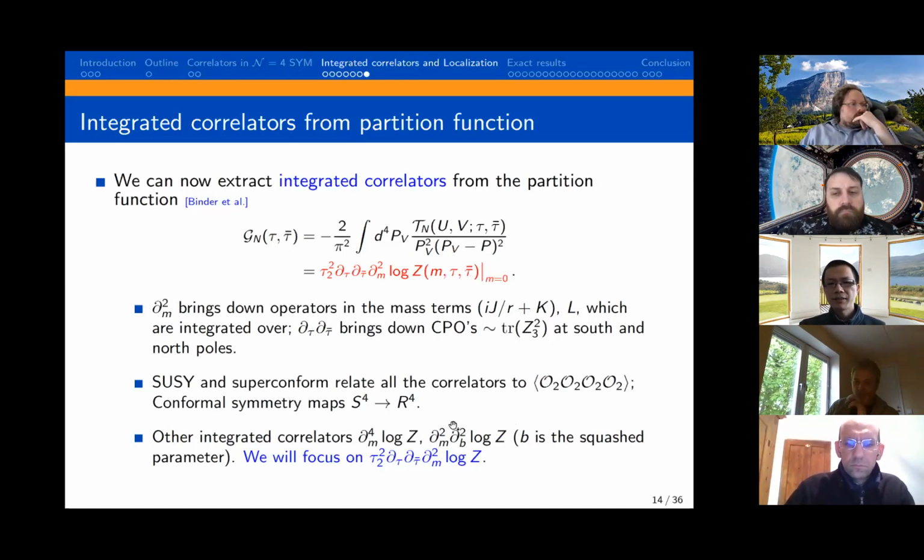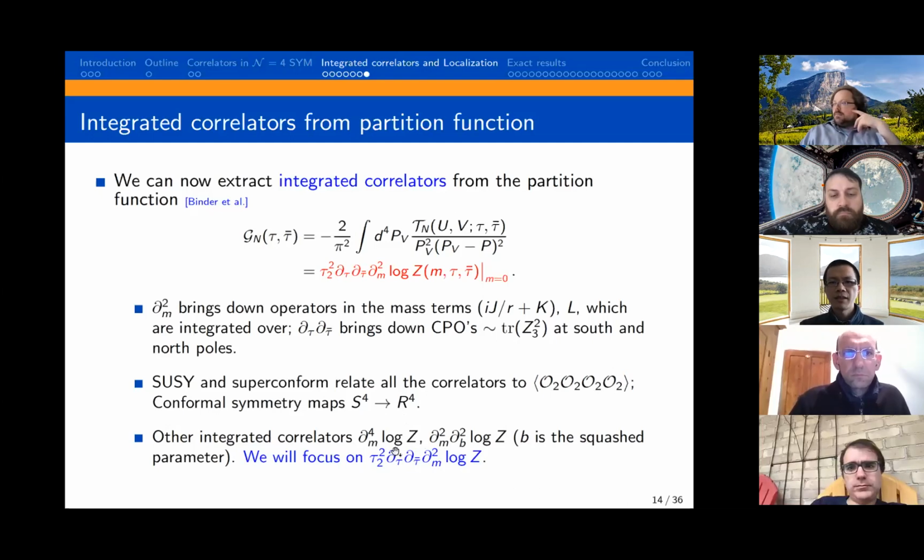I think the measure associated with this integrated correlator has not been worked out. So in this talk, I will mostly focus on this one. Turns out this is the simplest one. I will also discuss a little bit about the 4 derivatives with respect to mass. Okay. Any question?